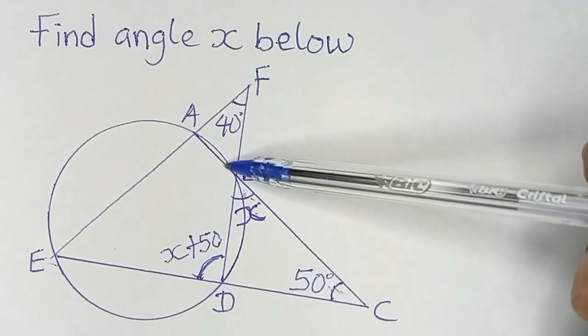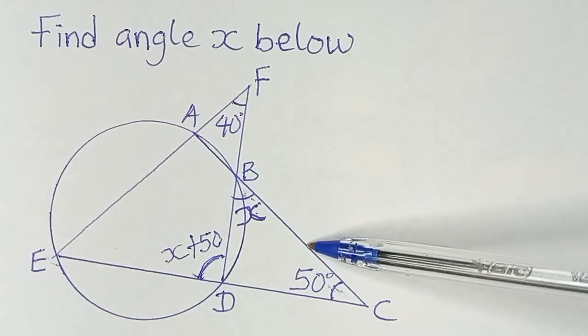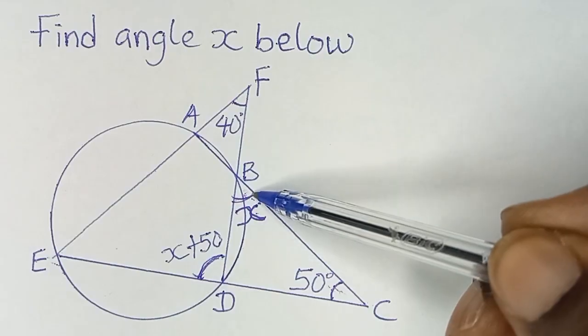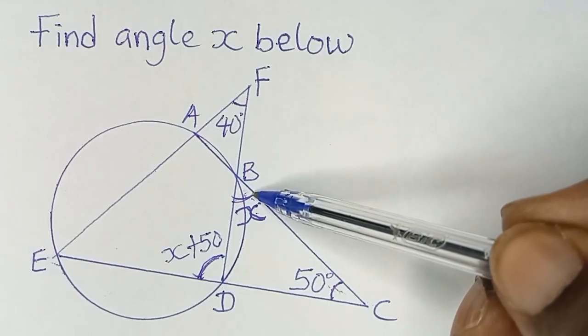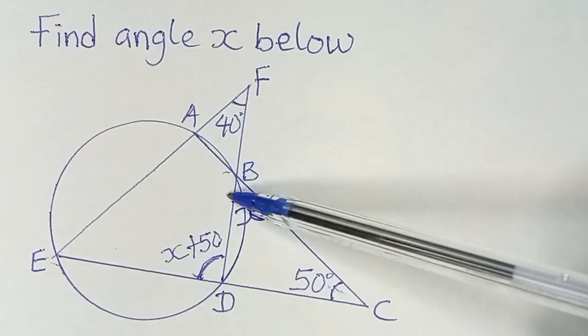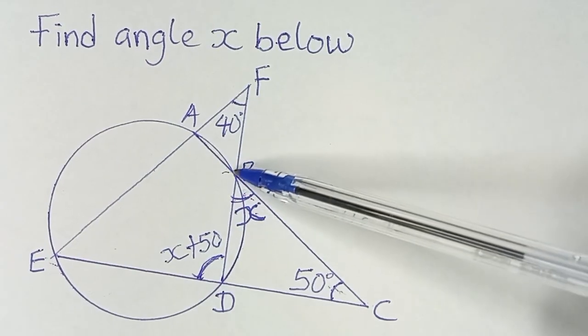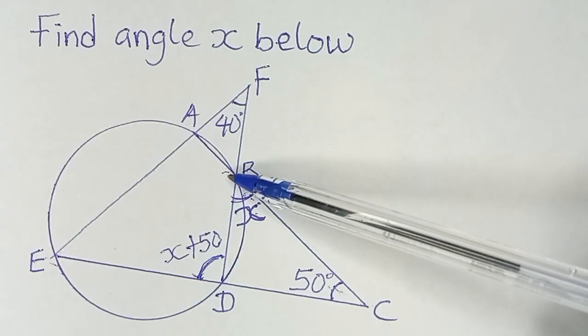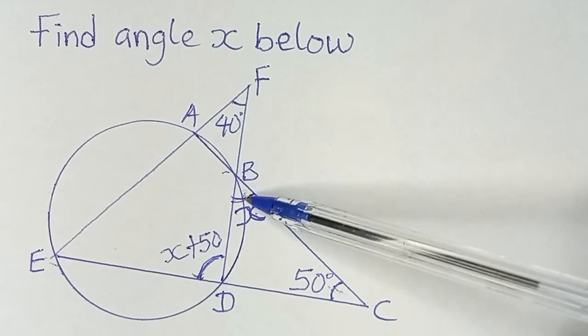Then this line AB is extended outward. So again, we'll be looking at an exterior angle of the cyclic quadrilateral. With respect to these two angles here, this angle x is the exterior angle now, because it is exterior to this other angle B here.